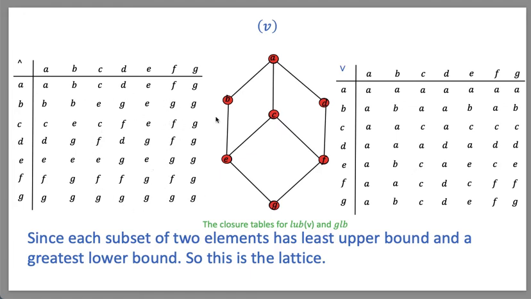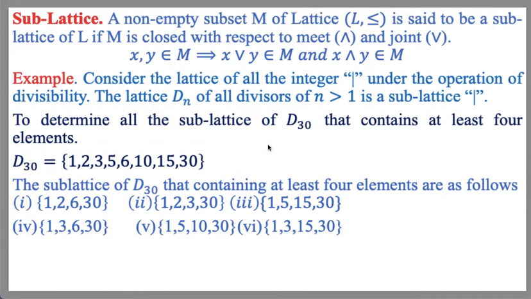So each pair of elements has a greatest lower bound and every pair of elements has a least upper bound. So this is a lattice.